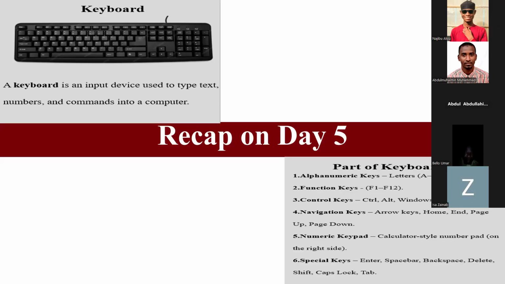Then we have Page Up and Page Down, which we can use inside Microsoft Word. When we want to go to our footer, we can use Page Down. When we want to come back to our header, we can use Page Up.